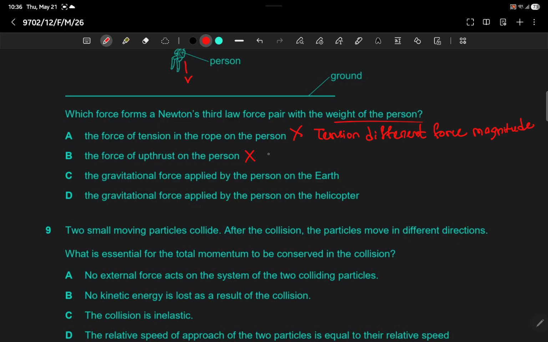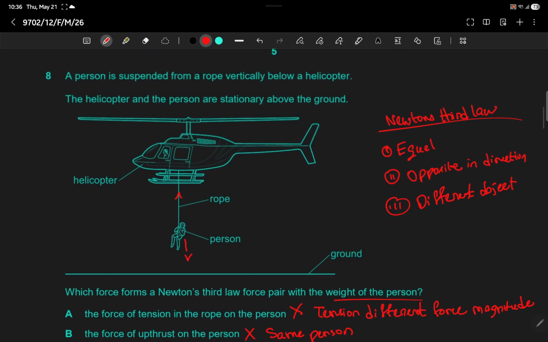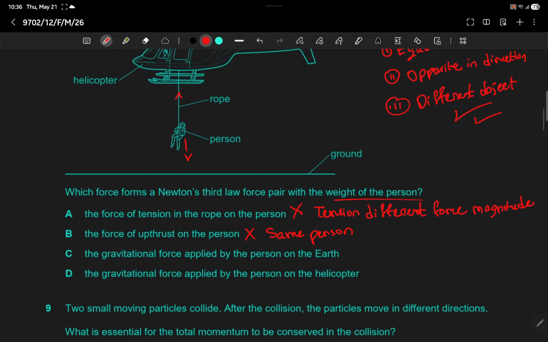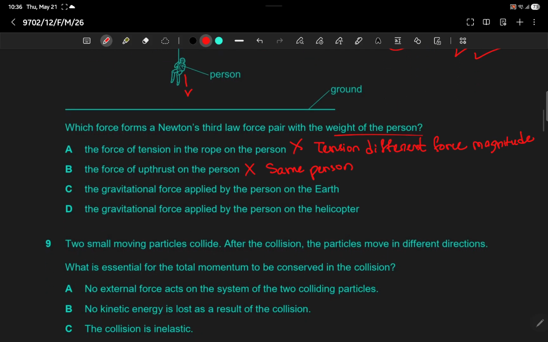It cannot be this because it's acting on the same person. If weight is also acting on the same person over here, it has to be on different objects. Now, the gravitational force applied by the person on the earth, it's on the earth, and it's the opposite of weight. Yeah, it's going to be C.